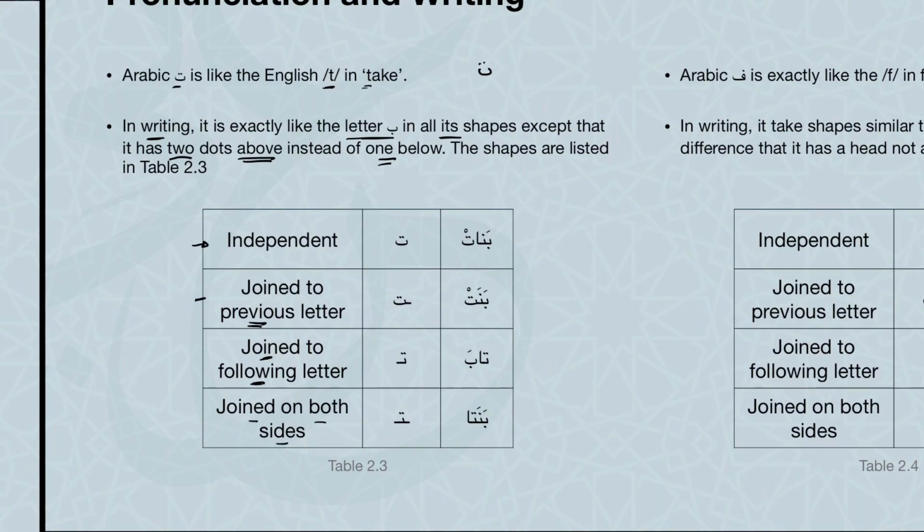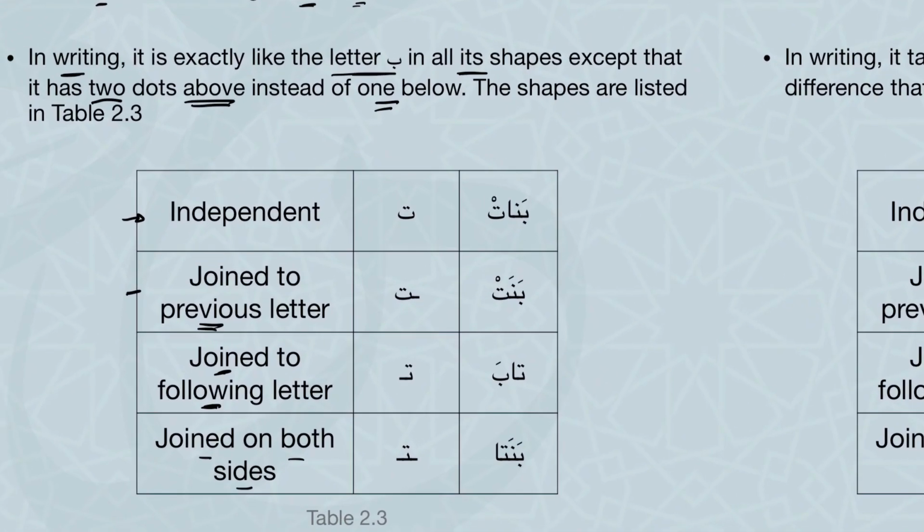So let's look at the isolated form, and we see that it's basically the smiley face that we know. If we are going to pronounce this word, there's a fatha on the ba, so it's ba, and there is a noon that has no vowel, but there is an alif after it.